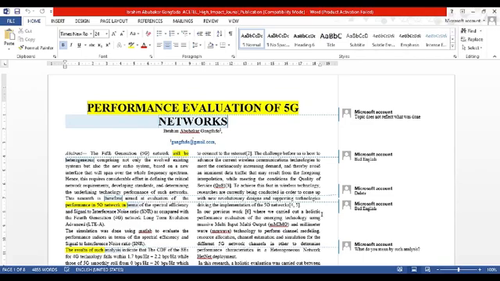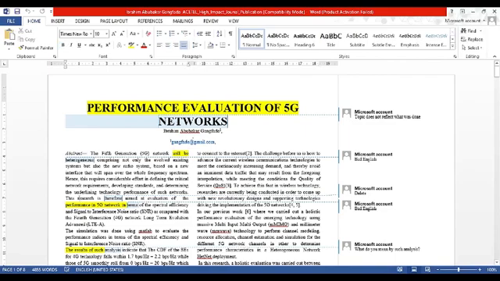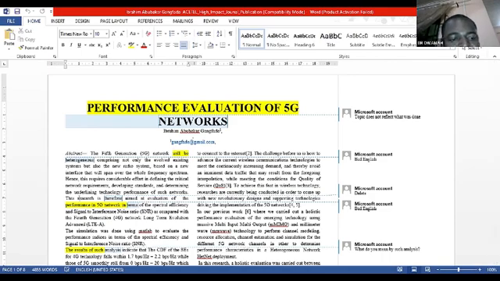Number two is that it is not in line with the work done. The work you did was not on performance evaluation of 5G network alone. Why do I say so? When you go to the abstract and then you go to your aim, you say this research is therefore aimed at evaluation of the performance of 5G network in terms of the spectral efficiency and signal to interference noise ratio as compared with fourth generation.